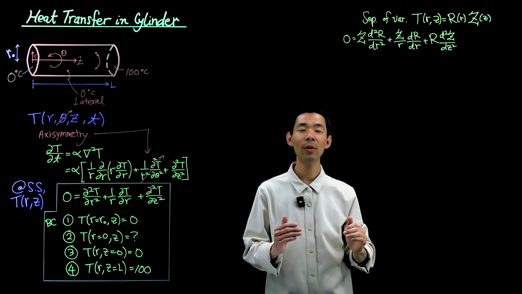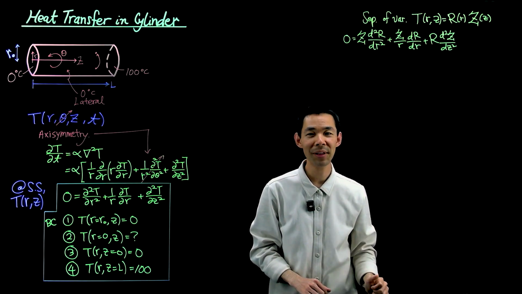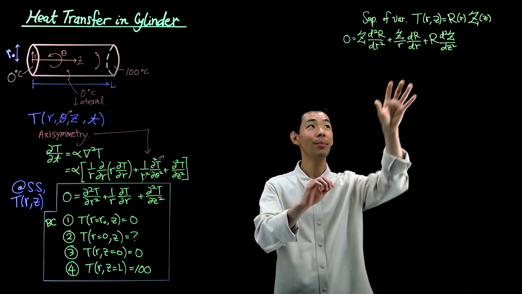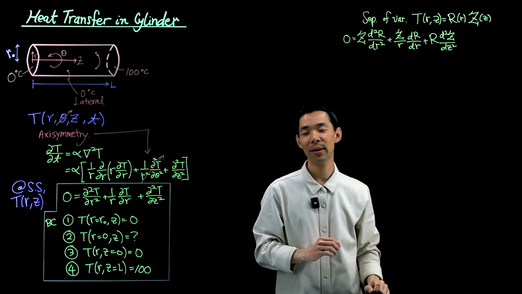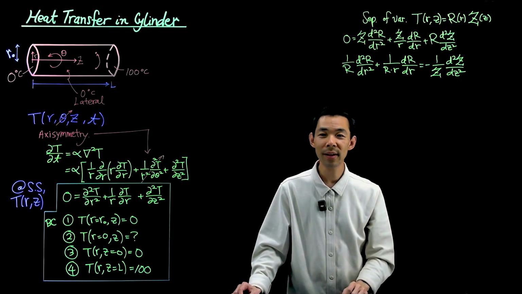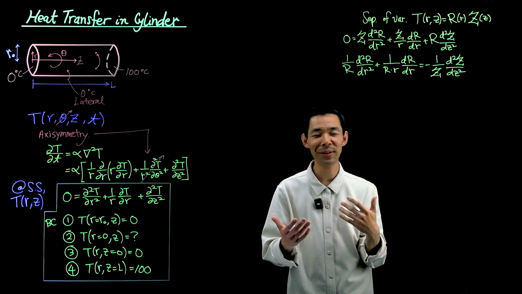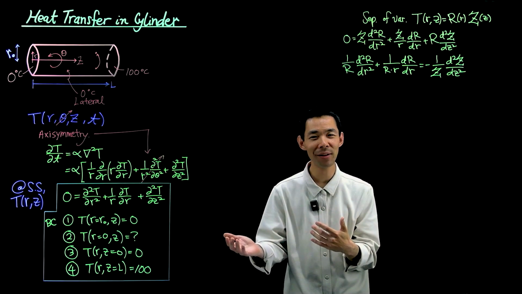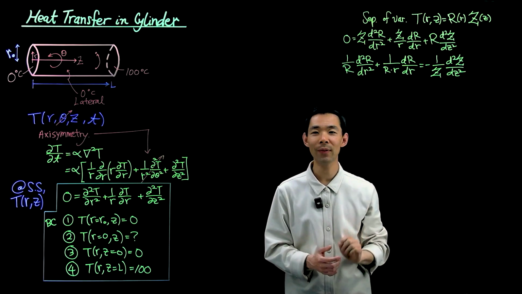Now, all we're going to do is divide every term by capital Z and capital R and put all the r's onto one side of the equation, all the z's onto the other side. We get something that looks like this. Again, a familiar sequence of steps that we've been taking in rectangular coordinates, except there's this extra term that accounts for curvature.